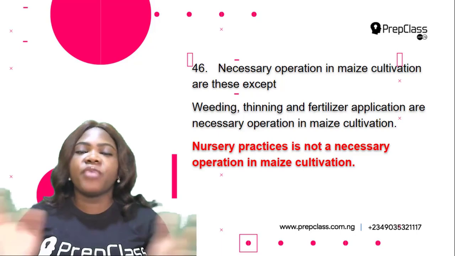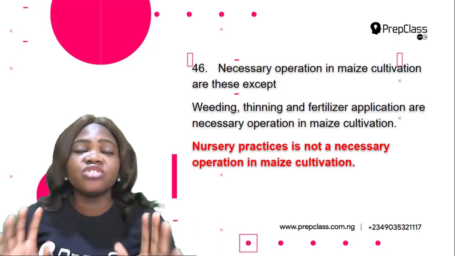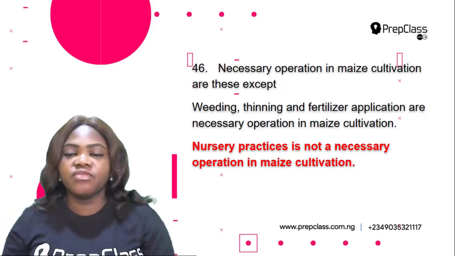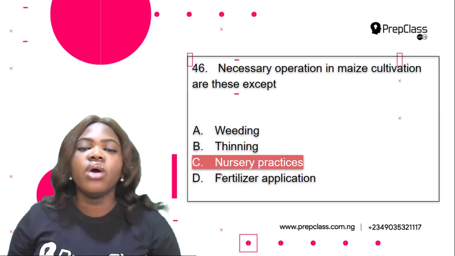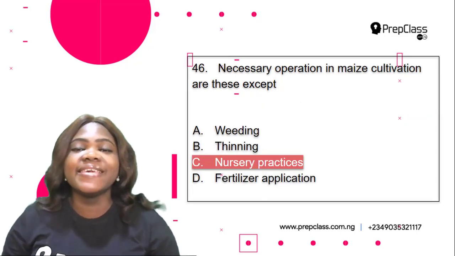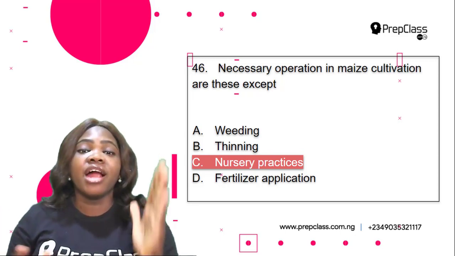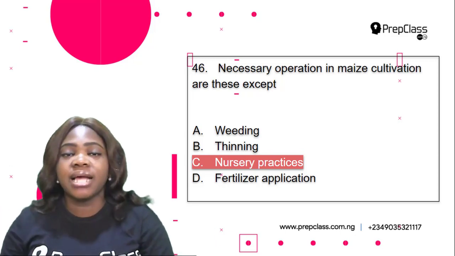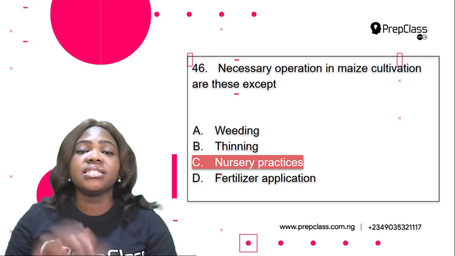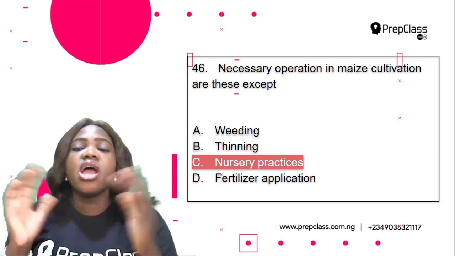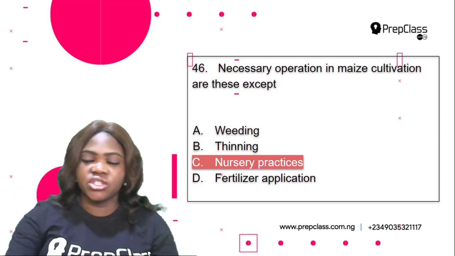So the correct option is C, nursery practices. Necessary operation in maize cultivation are weeding, thinning, and fertilizer application. But nursery practices is not a necessary operation in maize cultivation.